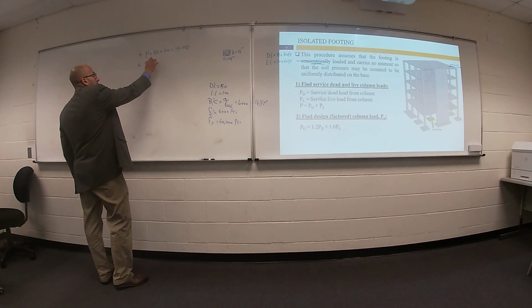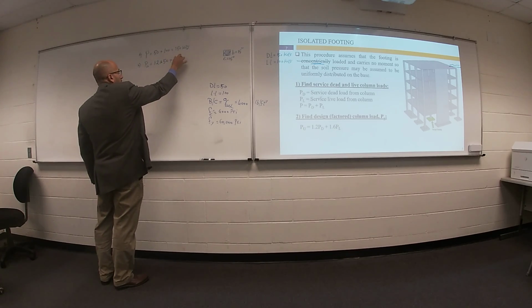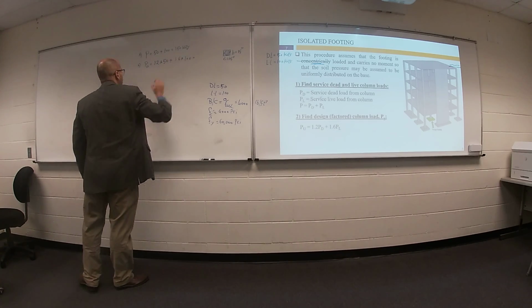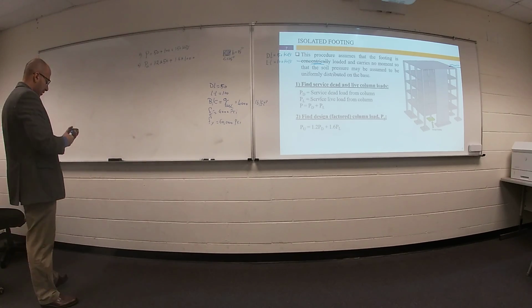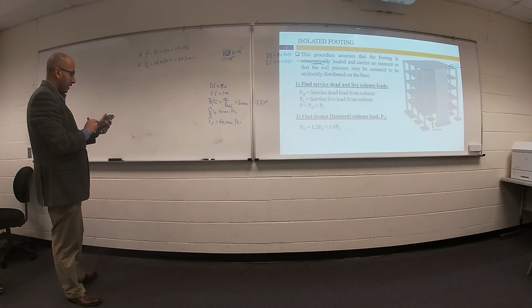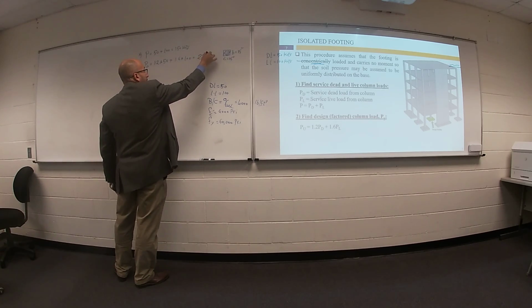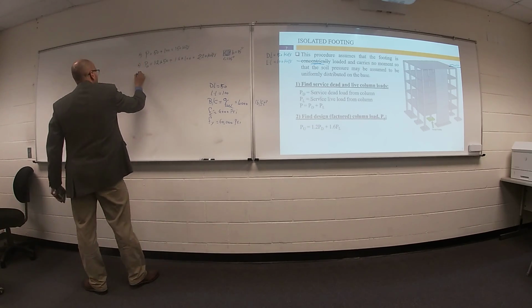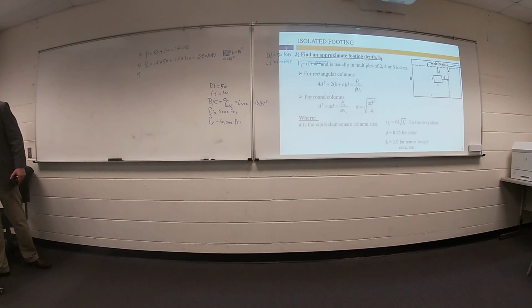Go ahead and multiply your dead load by 1.2 and your live load by 1.6. What's your reaction? 1.2 times 50 plus 1.6 times 100 equals 220. Okay, perfect.